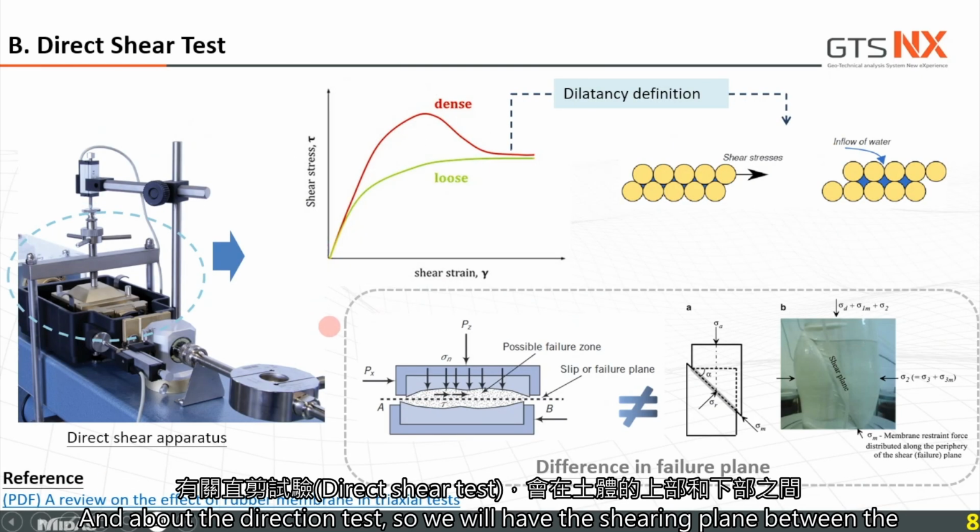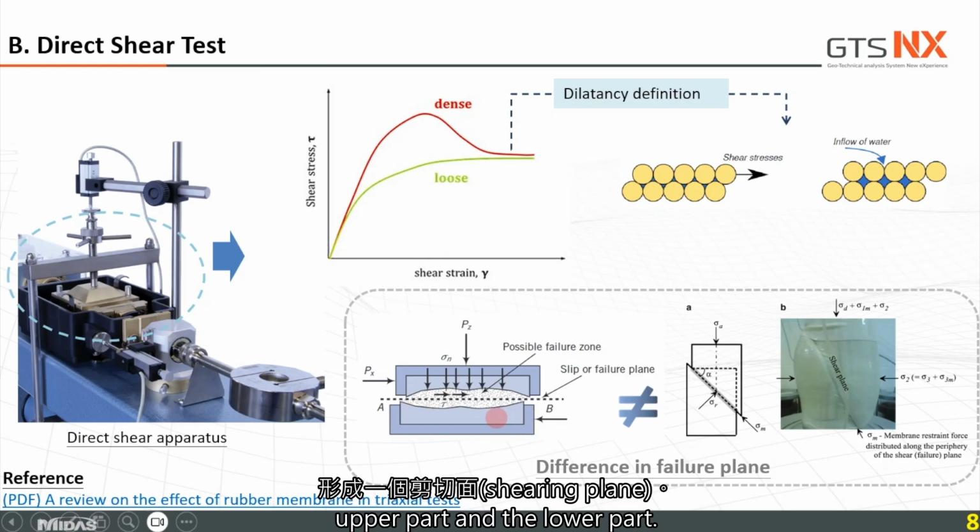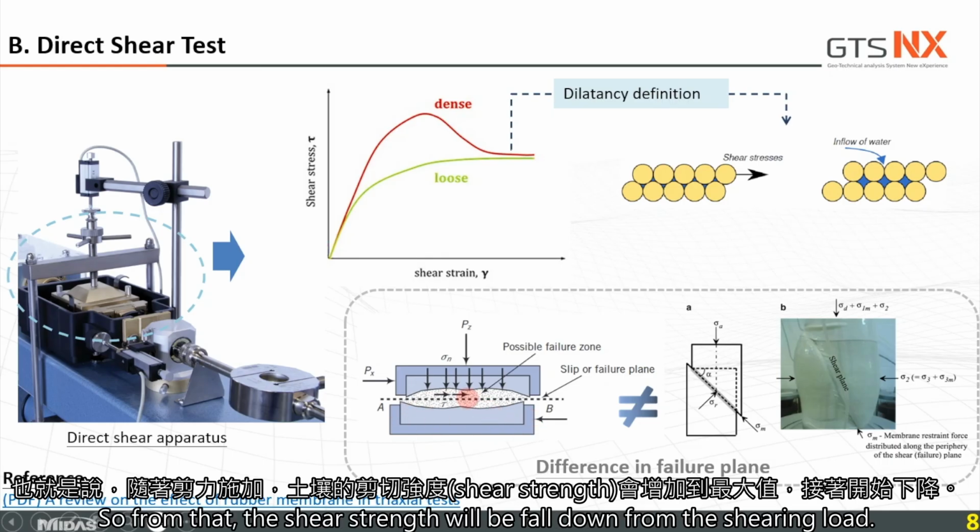And about the triaxial test, we will have the shearing plane between the upper part and the lower part. From that, the shear strength will be found from the shearing load.